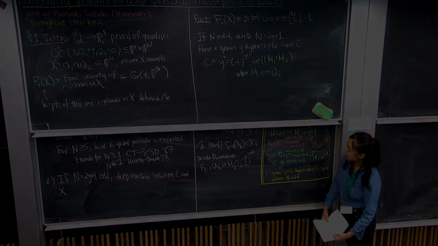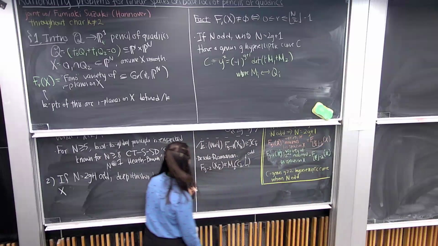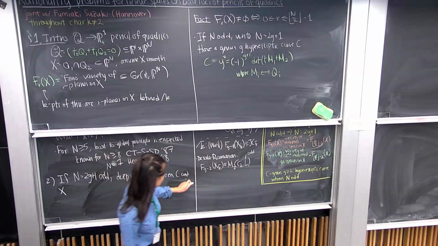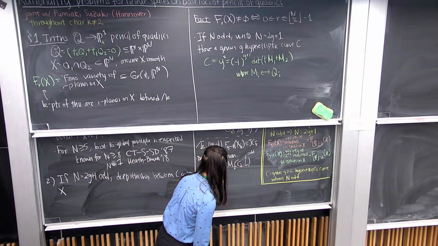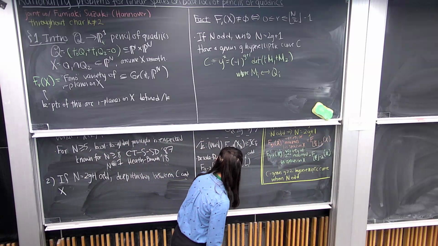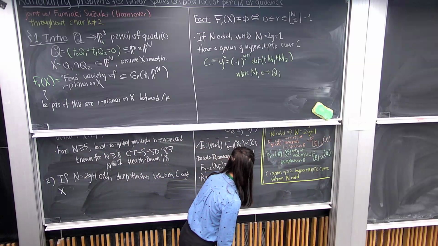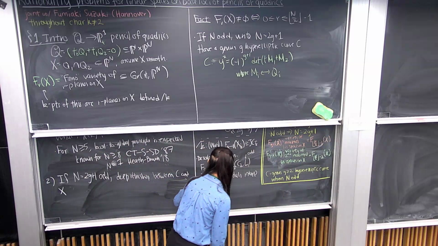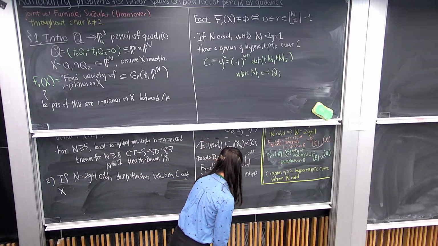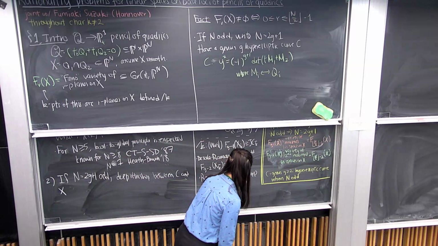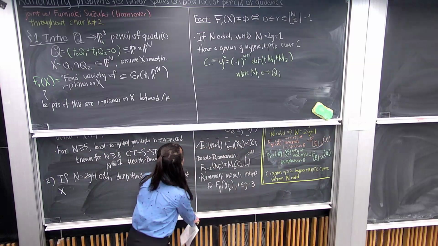And then for lower r, for r less than g minus 2, there's a further moduli interpretation where you add some more adjectives to the vector bundles.